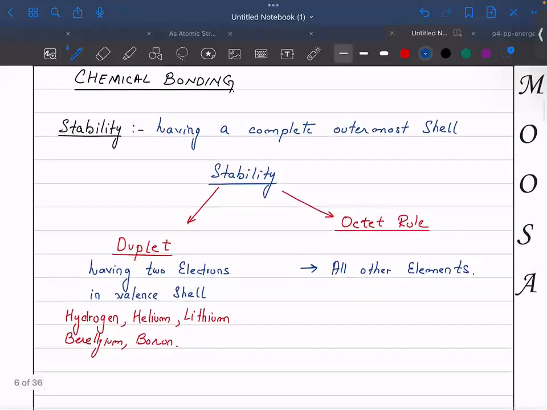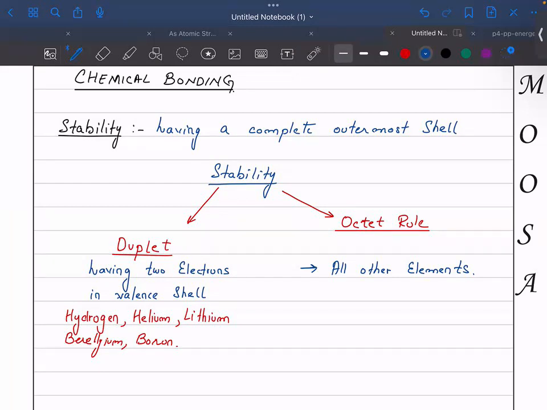आगे कर दूं? Done writing? Guys, आगे बढ़े. क्या कोई ऐसा सवाल आ सकता है कि मतलब डुप्लेट रूल क्या होता है या ऑक्टेट रूल, या फिर ये डेफिनेशन हमारे सिलेबस में है ही नहीं?